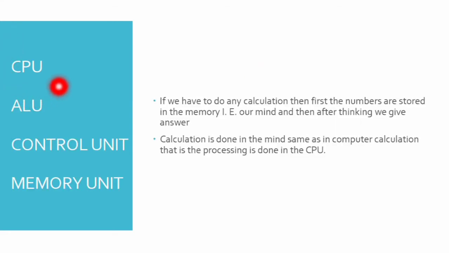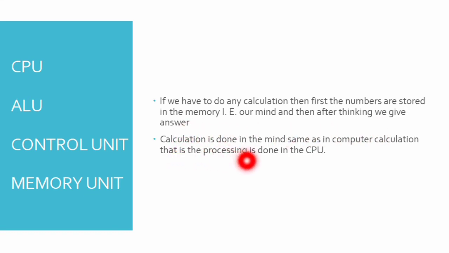The units which the CPU comprises are ALU, that is arithmetic and logic unit, next, control unit and memory unit. Suppose if we have to do any calculation, then first the numbers are stored in the memory, that is our mind, and then after thinking we give the answer.